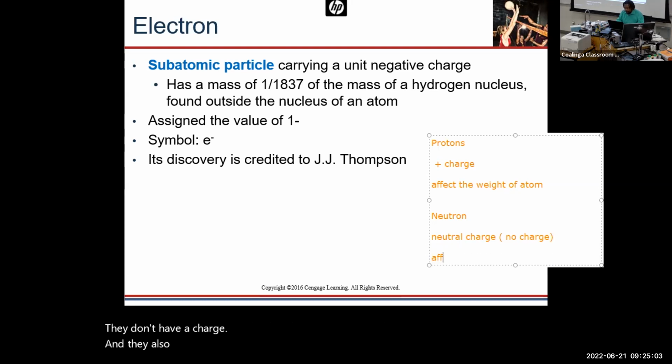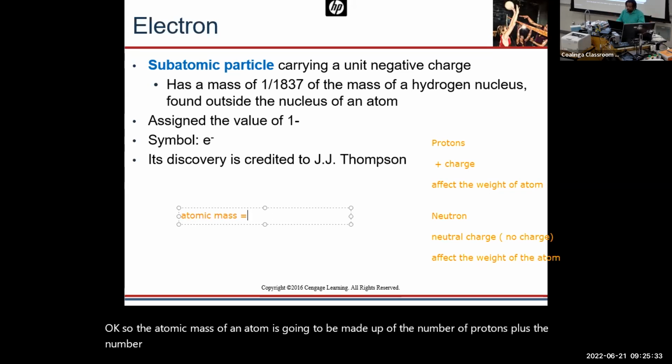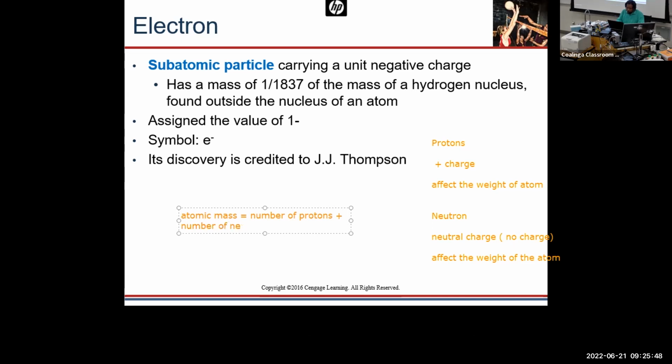And they also affect the weight. So the atomic mass of an atom is going to be made up of the number of protons plus the number of neutrons.